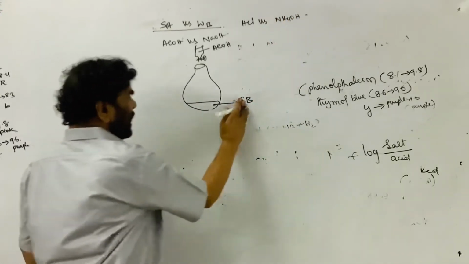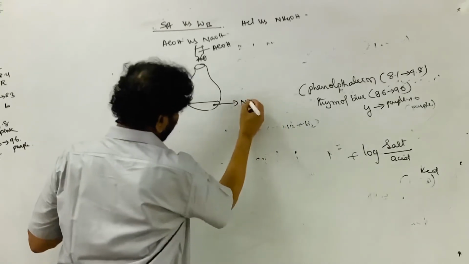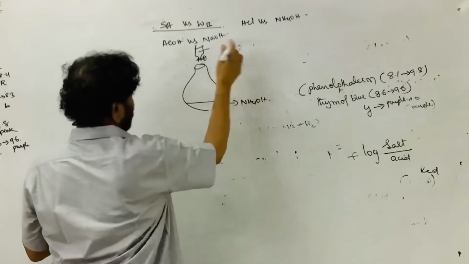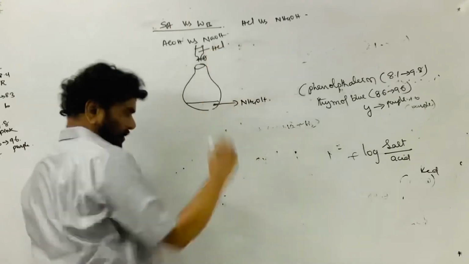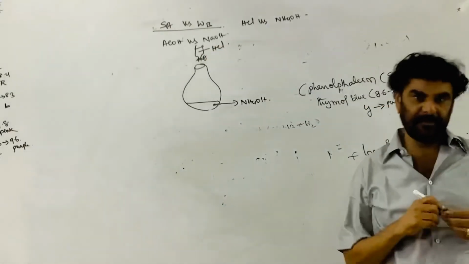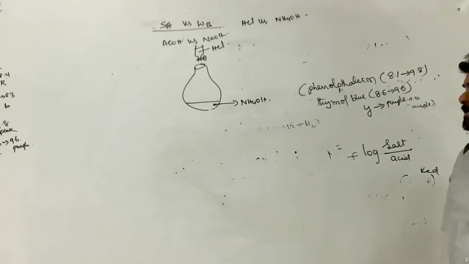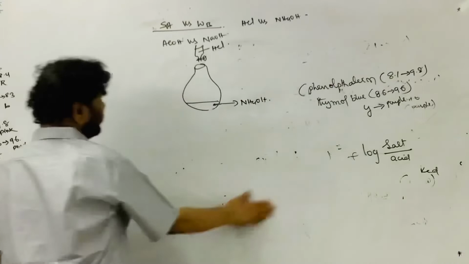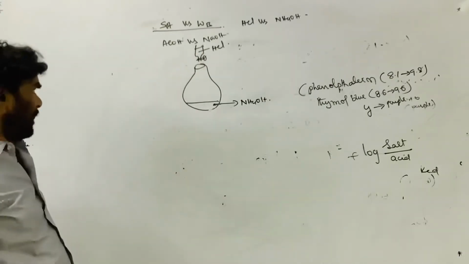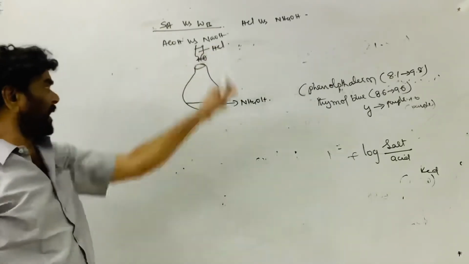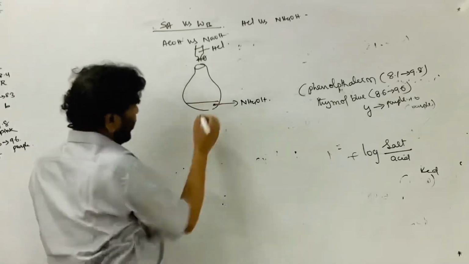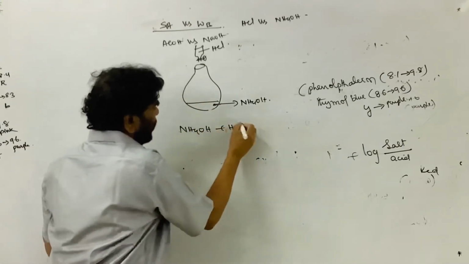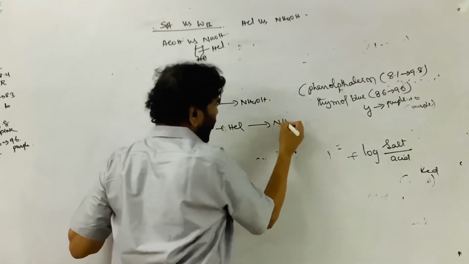Now you take the ammonium hydroxide in one vessel and HCl in the other. Then what happens? The ammonium hydroxide reacts with the HCl to give ammonium chloride.